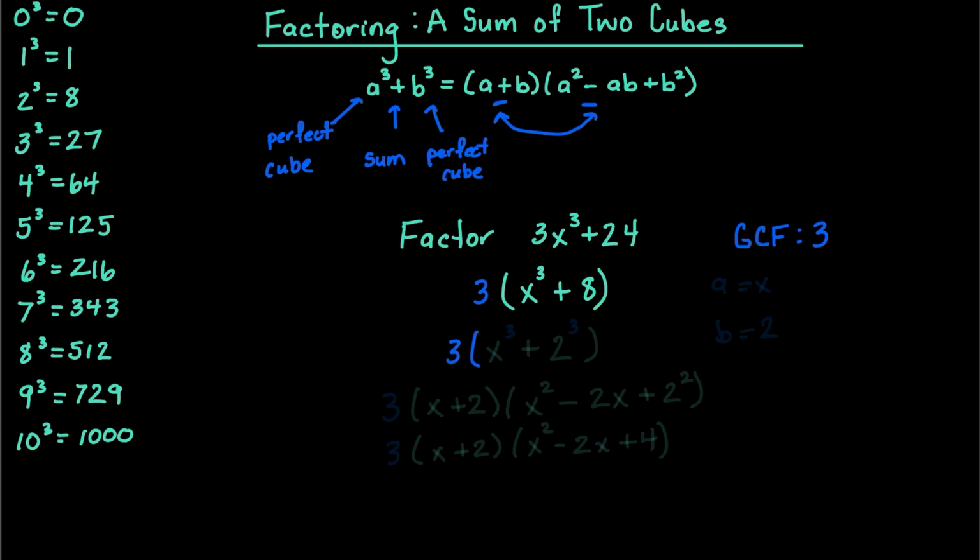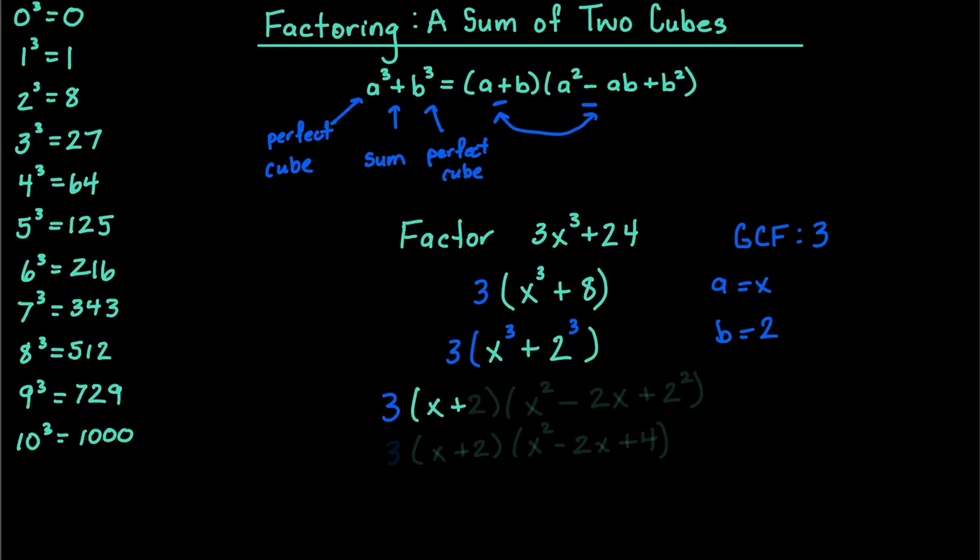My first term is x cubed, and 8 is 2 cubed. So that tells me that a is x and b is 2. So we're going to follow our formula.